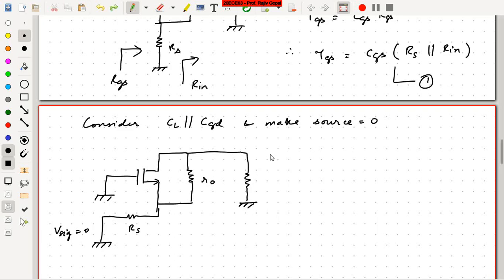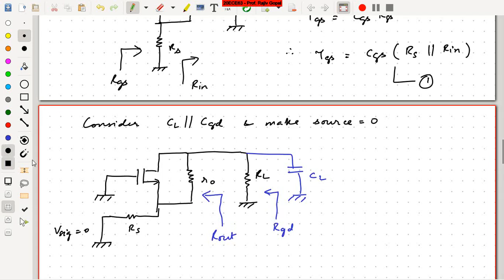And if I remember correctly, here you have CL, right? This is CL. So in this direction, if you look at the impedance seen, that will give you R, I'll call it RGD, just for simplicity's sake. And in this direction, if you see your impedance, that will give you R out.